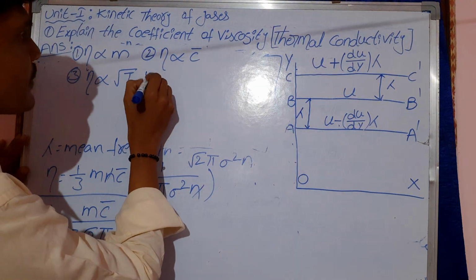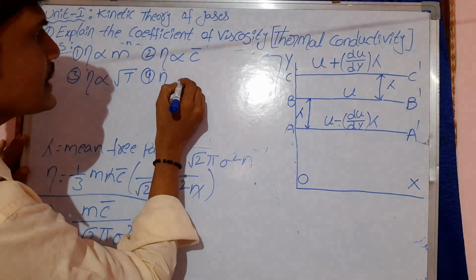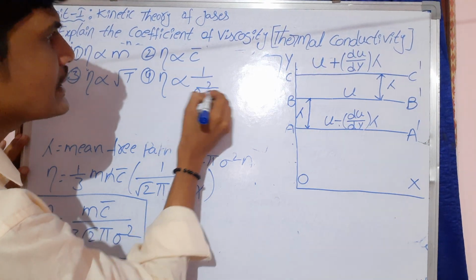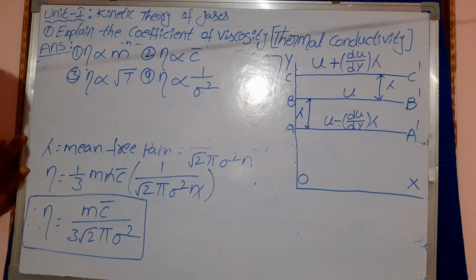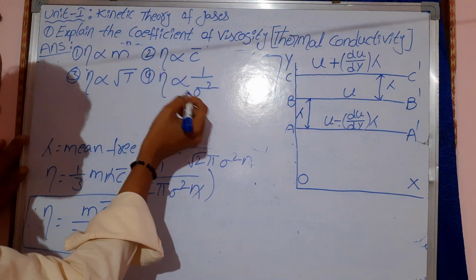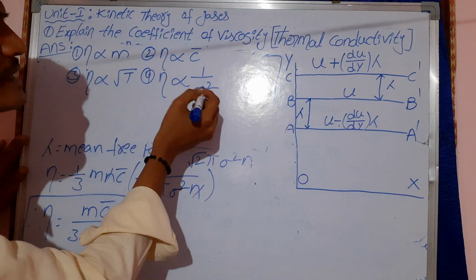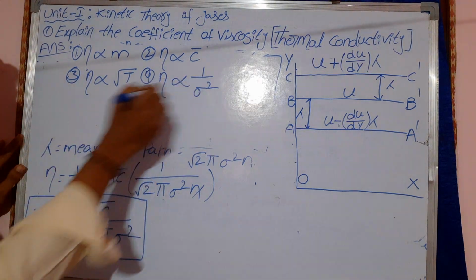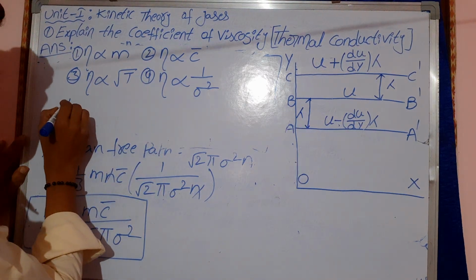Next point, eta is inversely proportional to sigma square. Sigma means diameter. So the coefficient of viscosity is inversely proportional to the square of the diameter.